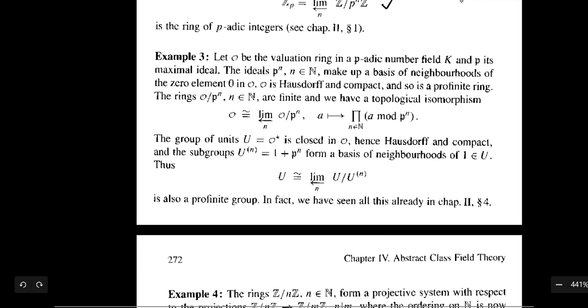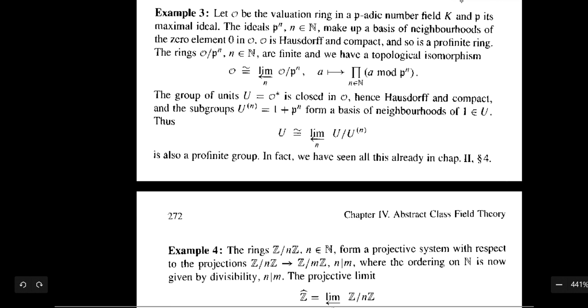Let's see example 3. The valuation ring O_K of the p-adic number field K, which is what we usually call a local field. Let P denote the maximal ideal. The powers of the ideal P make up a basis of neighborhoods of 0.